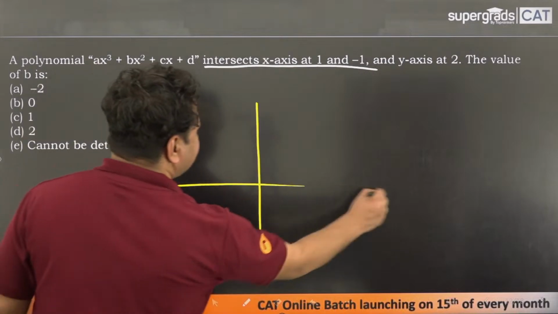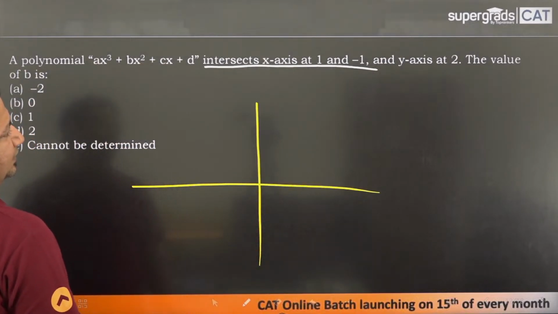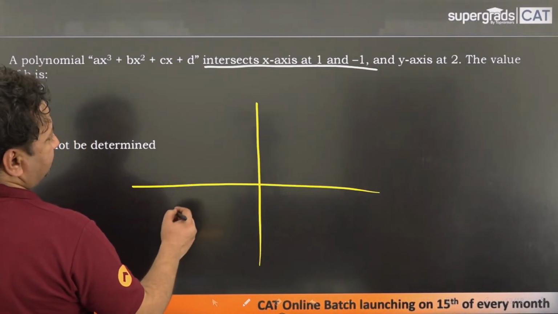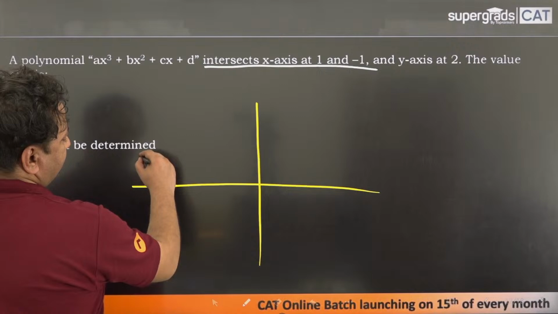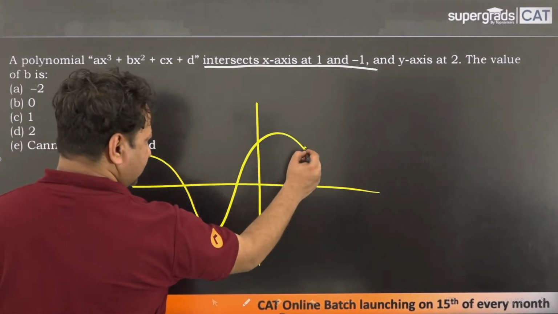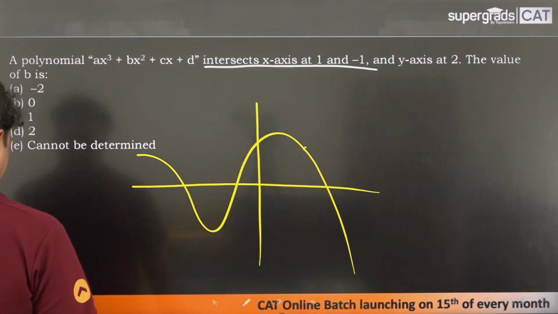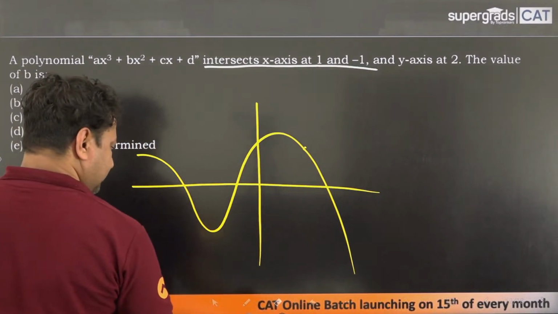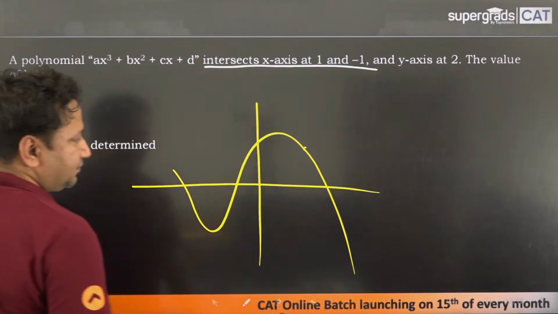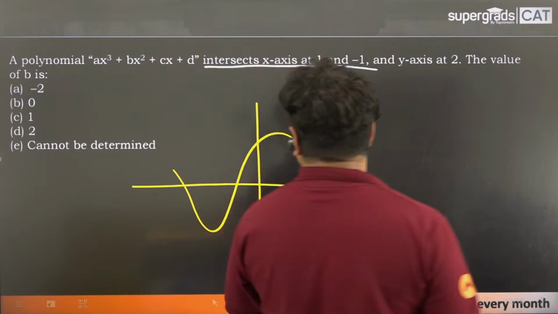If I try to draw the graph, I think it will look something like this. One, two, and three, isn't it? Something like this. It will look like this, right?